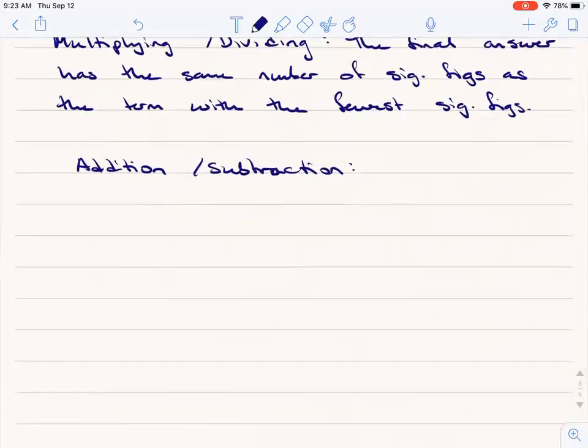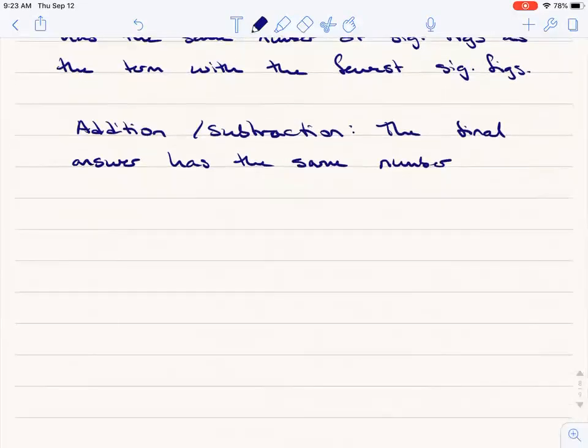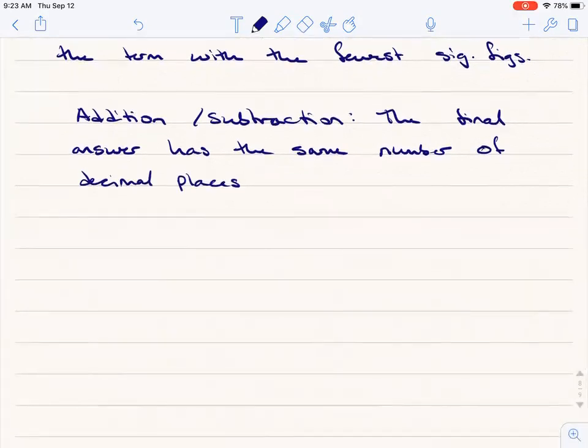So addition and subtraction, you're going to pay attention to the decimal places. So the final answer has the same number of decimal places as the term with the fewest decimal places.